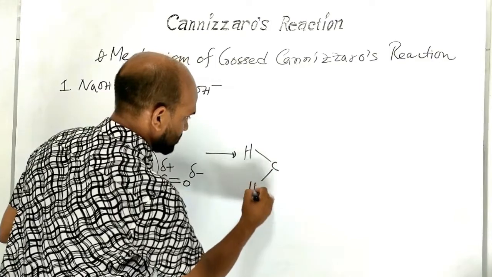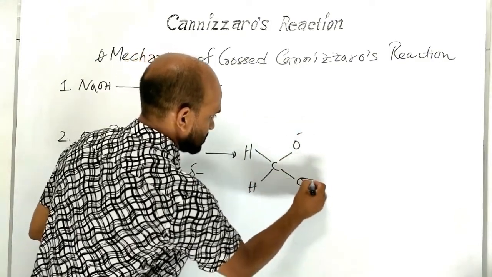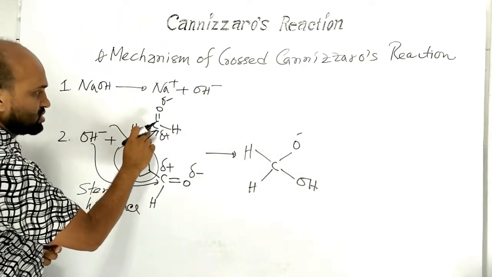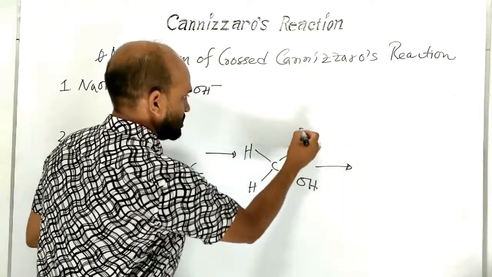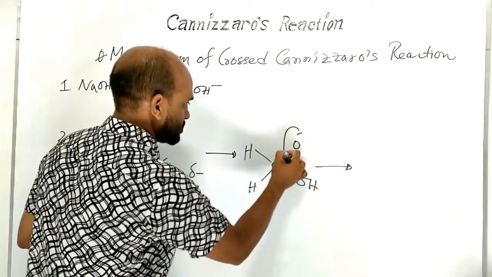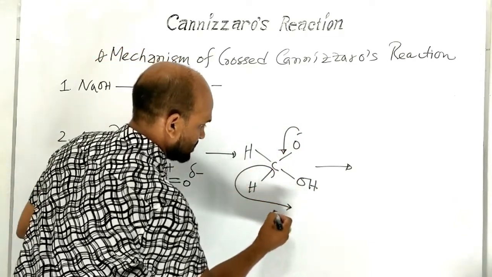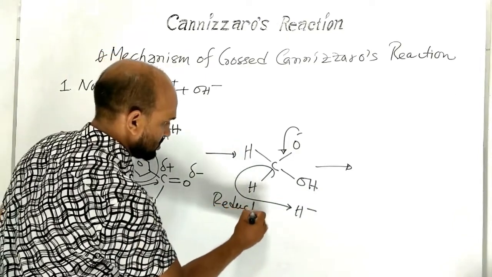Hydrogen, carbon, hydrogen. This is oxygen with negative charge. This is hydroxide ion. Hydroxide ion combines with this carbon, then we get this compound. Now this lone pair forms pi bond. This hydrogen gets freed as hydride ion, which is reduction.